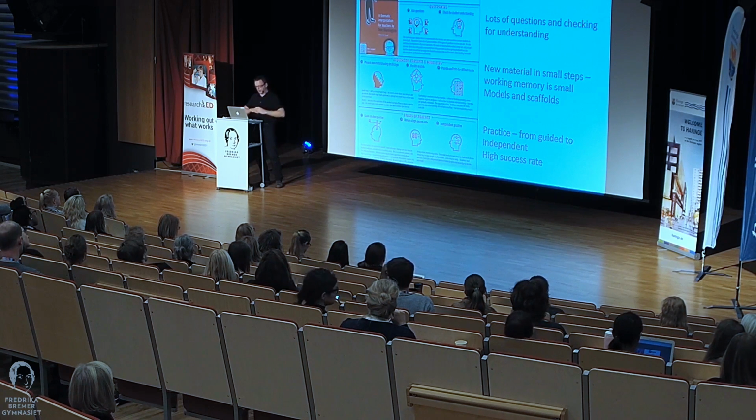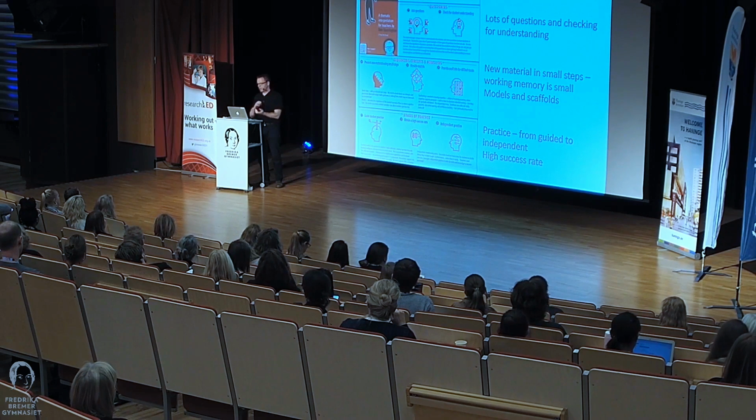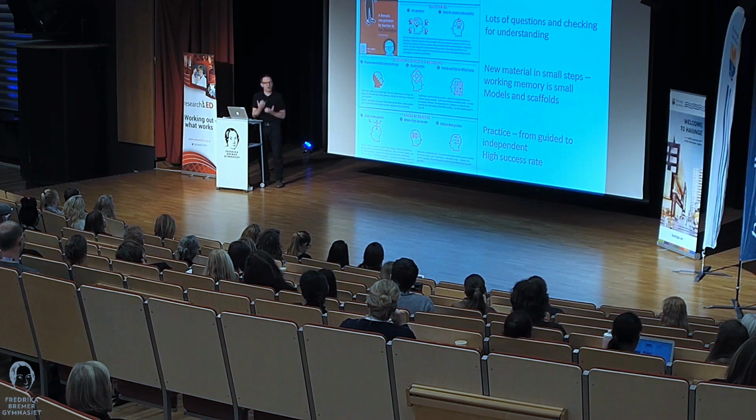He also talks about the origins of the research. So he says it comes from 3 places. It comes from observing teachers, it comes from cognitive science, and it comes from studies of specific instructional interventions. And then what he concludes is that the suggestions from those 3 sources for how teachers should behave are pretty similar, overlapping to a significant degree, which gives us confidence that they are good bets.